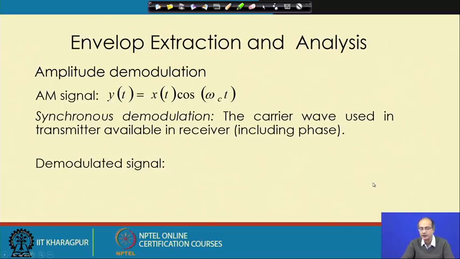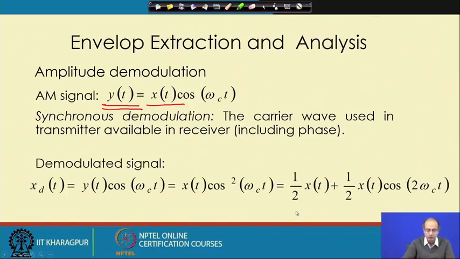In synchronous demodulation, we assume that we know the carrier frequency as well as the phase, which should be known in the receiver. As we know that, we can make use of it to demodulate the signal. The purpose of demodulating is to find x(n) from y(n). Y(n) is given, and from there we need to find x(n).